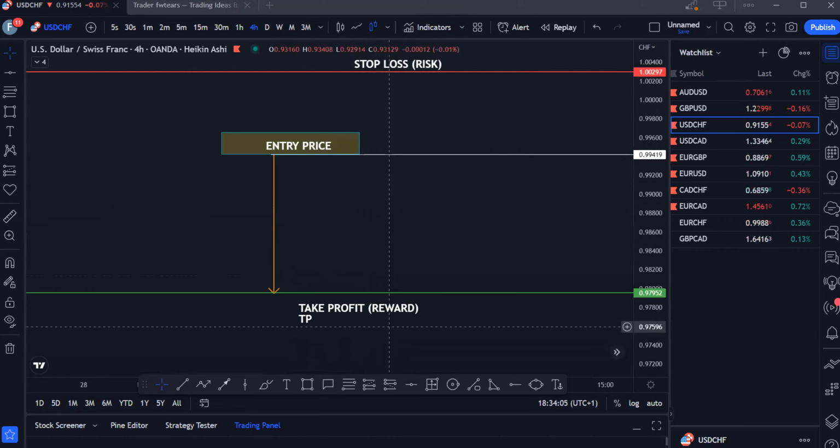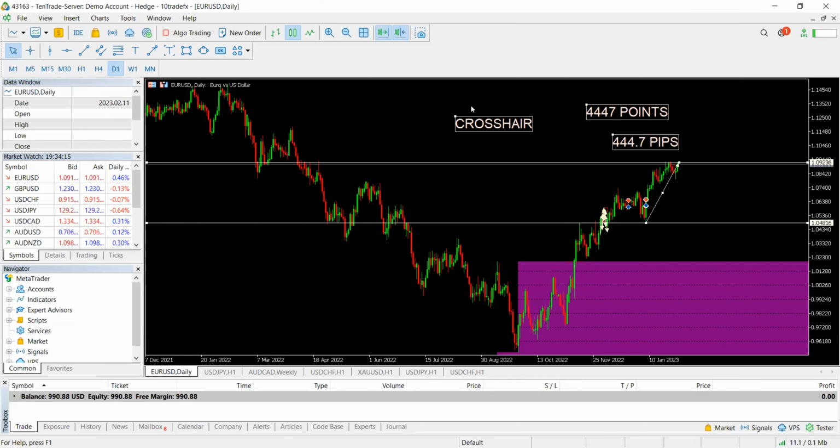The MT5 platform, which is the MetaTrader 5 platform, is one out of many trading platforms that you can use for charting and analysis. It is also where you will be taking entry. So MT5 is an all-round platform for you.